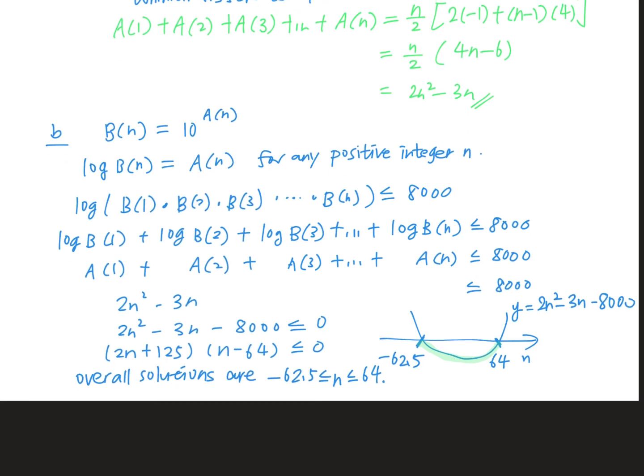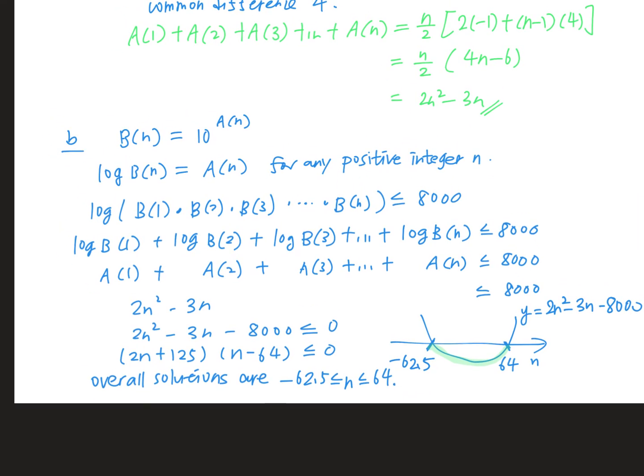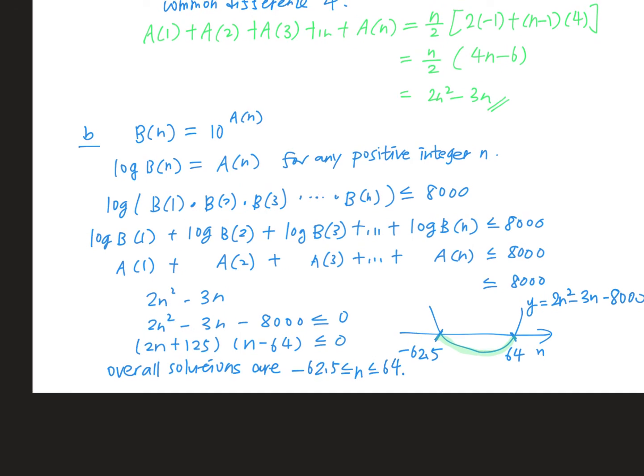Okay, and then what will be the final value of n we want there? Okay, so the greatest value of n will be simply 64. Okay, and then the problem is done.